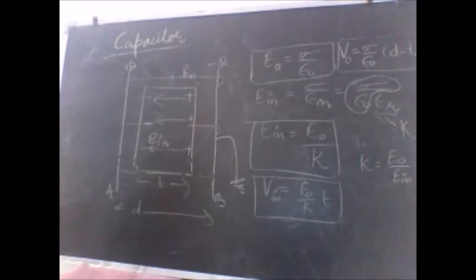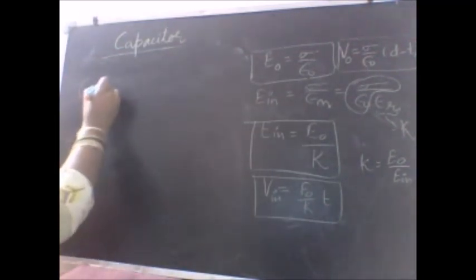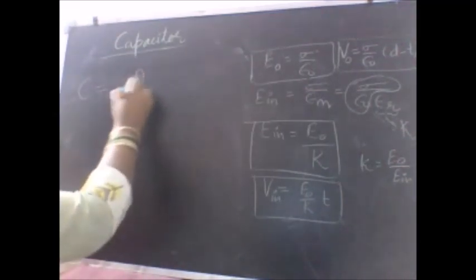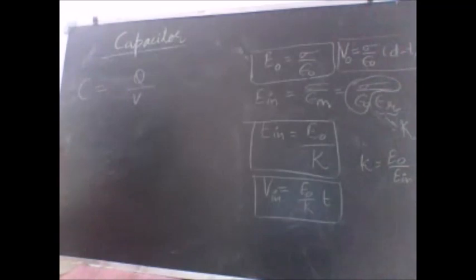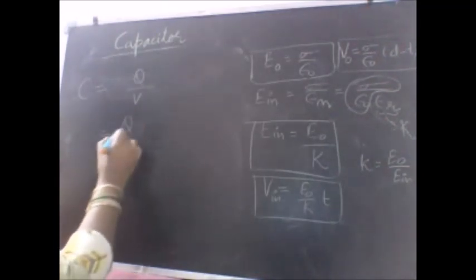Now we can use this easily in the formula of the capacitance. So the capacitance of the parallel plate capacitor with a dielectric medium in between can be written as C is equal to Q by V. And what is this here? Q, that remains the same.